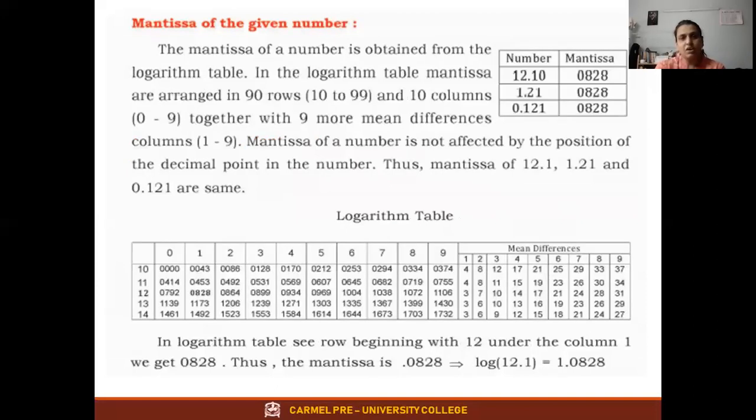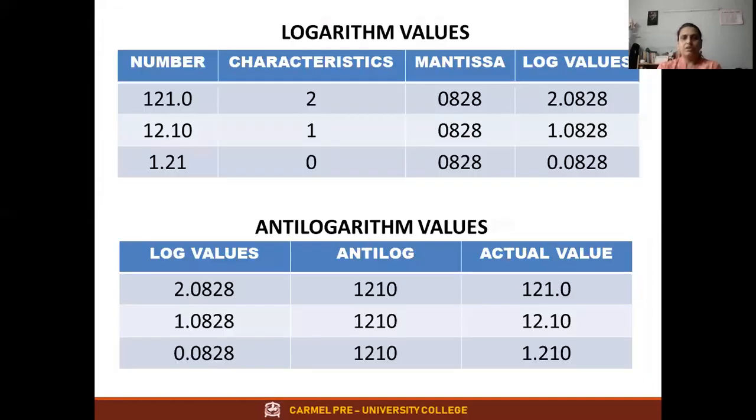And this is the logarithm table which is there for us to find the values. I will go to this easier table. Now, I will give you an example of how you will find the logarithm value of 121.